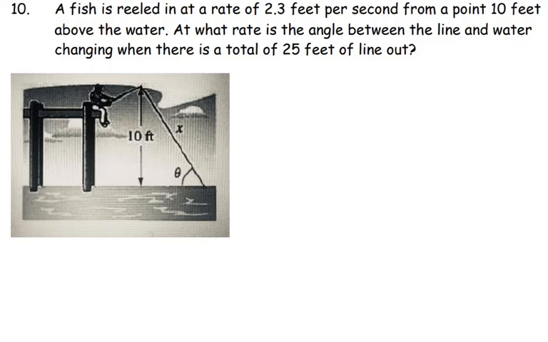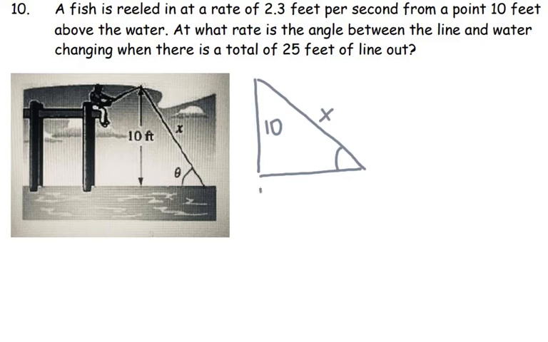So if I look at the right triangle, this side is 10 feet. This part is going to be my x, or the line. And here I have an angle.